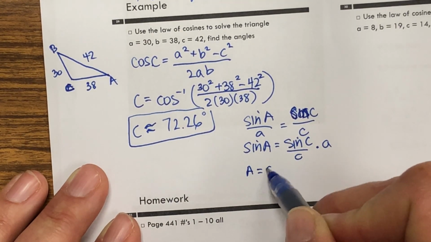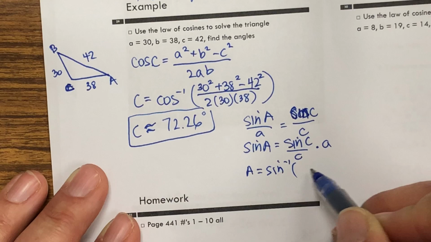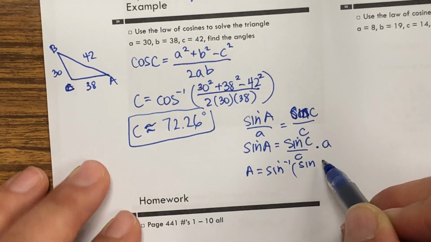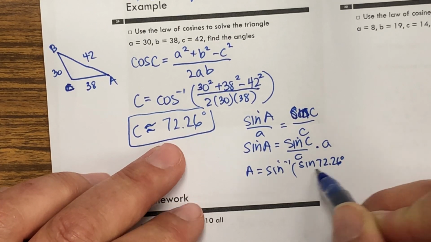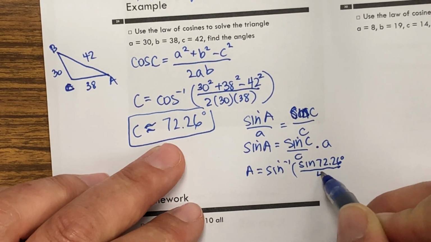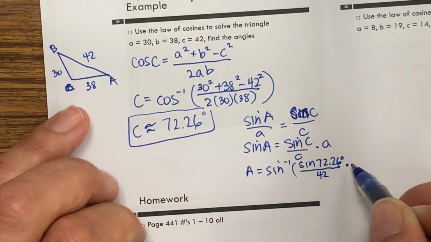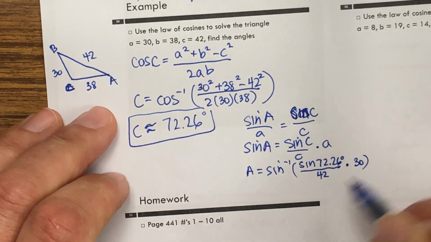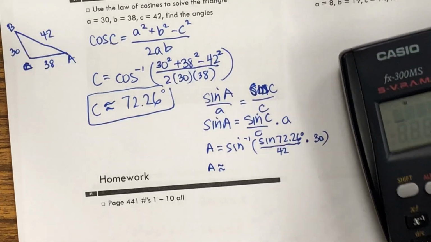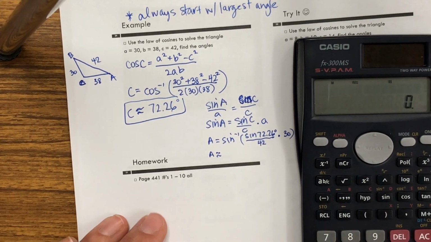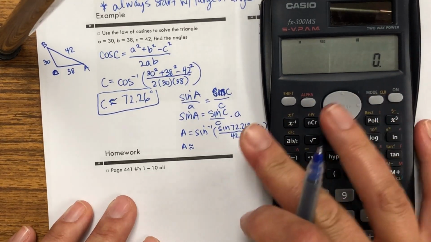So A is equal to sine inverse of sine of 72.26 degrees divided by 42 times side a, which is 30, in parentheses. Okay, here we go. So you can see my calculator.